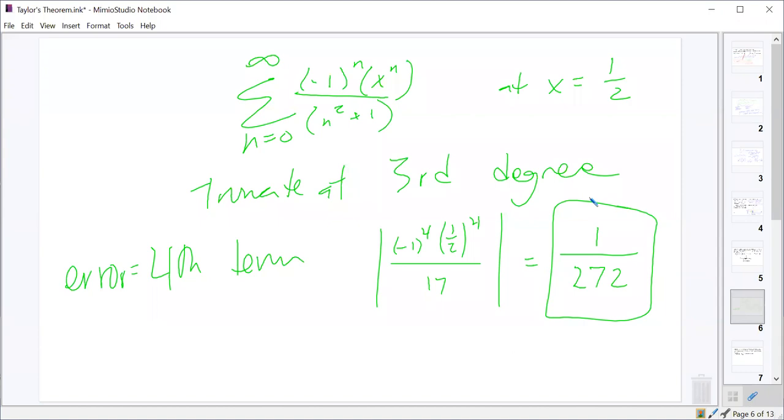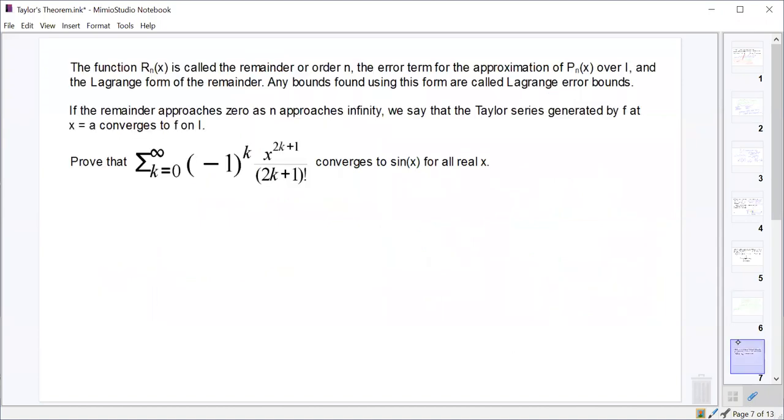Okay. All right. Now for the last little bit of this. For any other series that does not fall into the geometric series category or does not fall into the alternating series category, you will need to use what is called the Lagrange error bound.